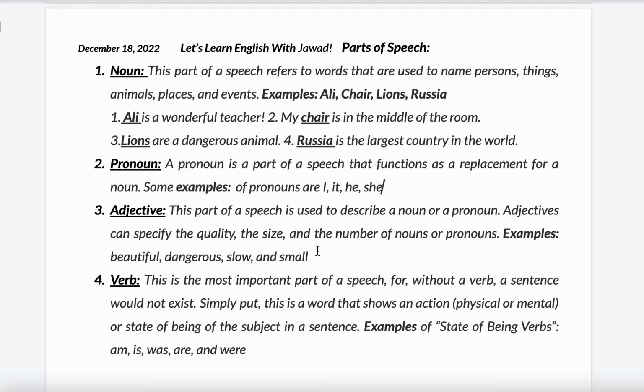Let's use some of our own examples. Beautiful. We'll say that summer is a beautiful season. Christina has a beautiful watch. Let's say Ali has a beautiful soul, meaning that he's a very caring person. These are adjectives. Now, when we say beautiful, large, these are adjectives that reflect positivity.